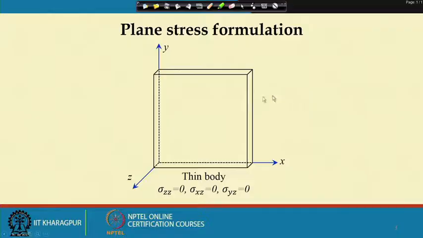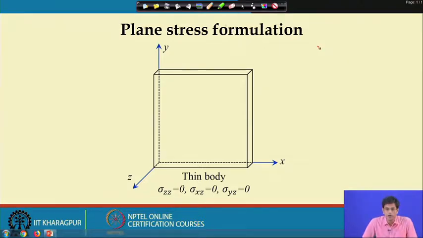So, to start with the plane stress deformation, which is a thin body, so that means the z direction is very thin, so we can approximate it as a two-dimensional body, and this plane stress case means there is no stress in z direction, and also the shear stresses sigma xz and sigma yz are 0. Similar to the plane strain case, where the strain in the z direction is 0 and shear strains xz and yz are 0.